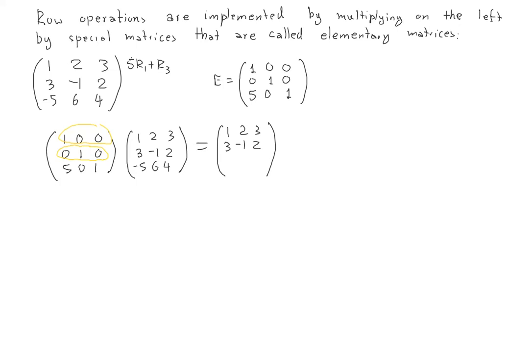When you do that, then what you get is 5 times 1 plus -5, which gives you 0. 5 times 2 plus 6, so 10 plus 6, which is 16. And 5 times 3, which is 15, plus 4, which is 19. And that's it.